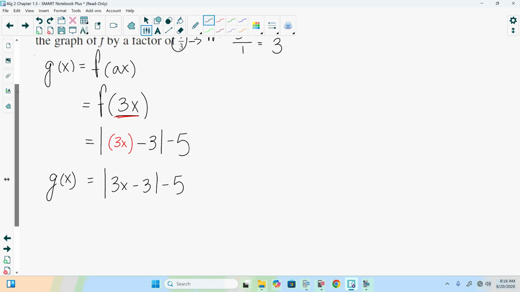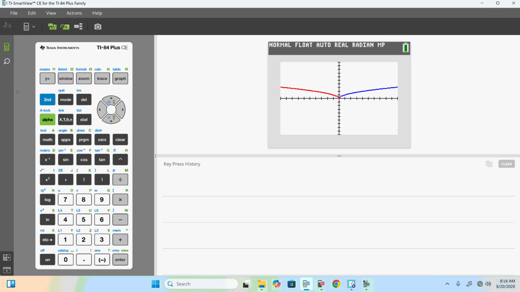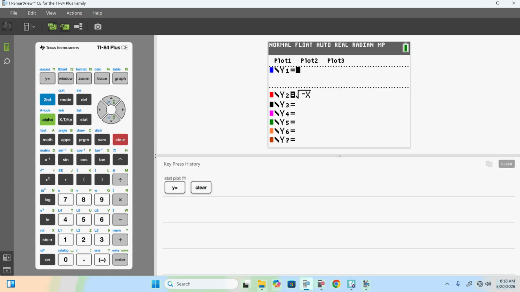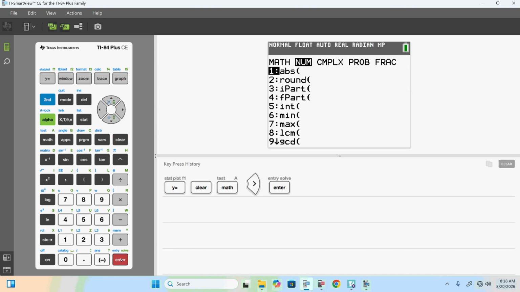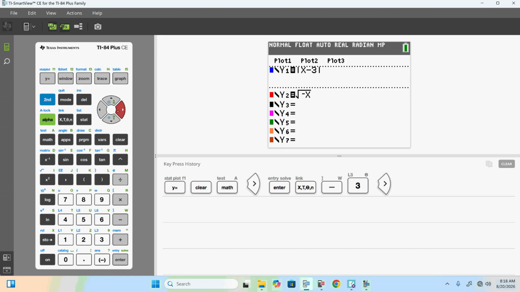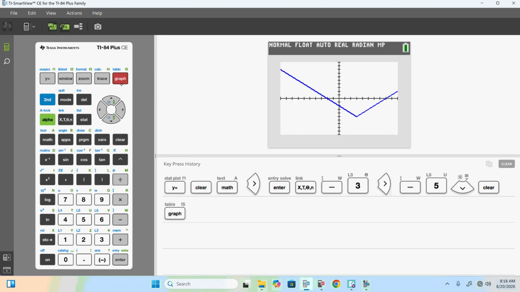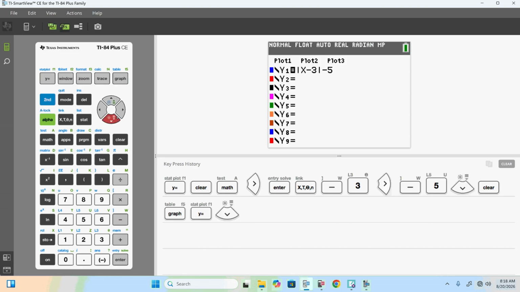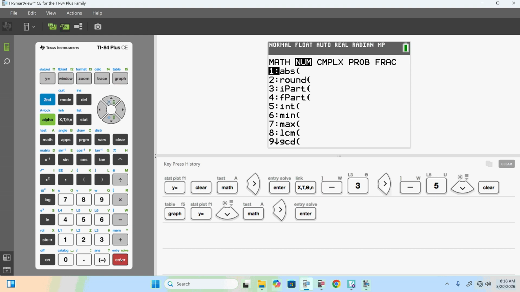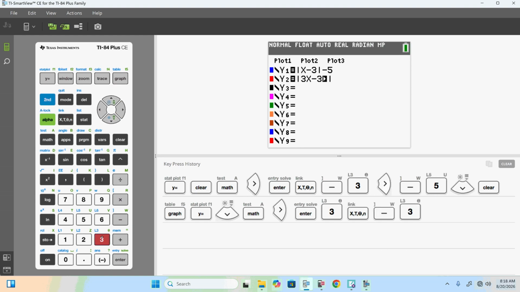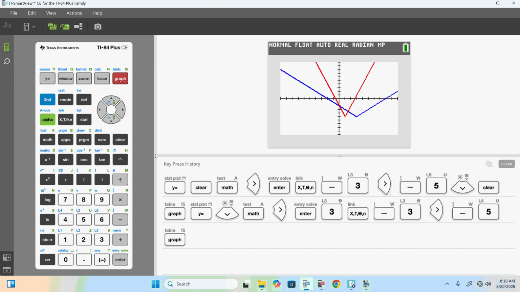It just stays 3x. X minus 3 minus 5. As we can see, it does get narrower.